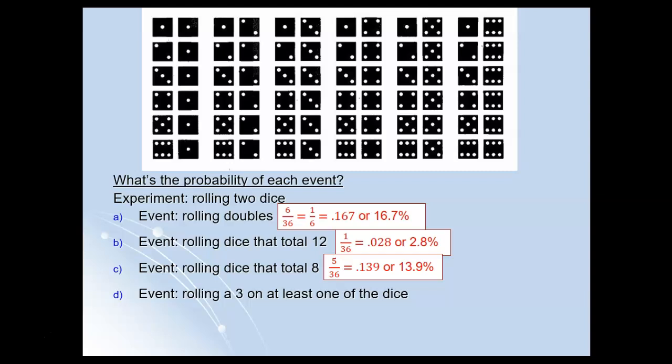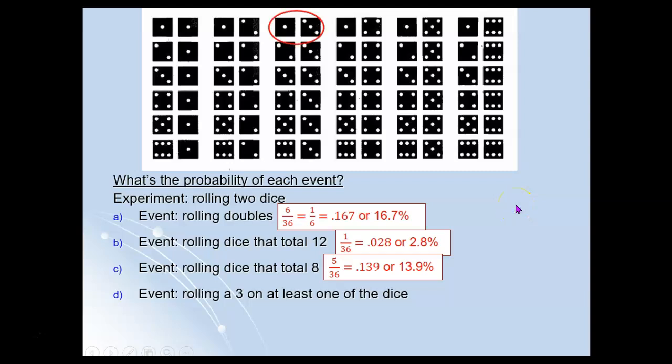What's the probability of rolling a 3 on at least one of the dice? What's the probability that when you roll a pair of dice, you get a 3 showing on at least one of the dice? So count how many different ways that could happen. Out of these 36 possible outcomes, how many of them have this event being true, where you've got a 3 on at least one of the dice? Well, let's see.